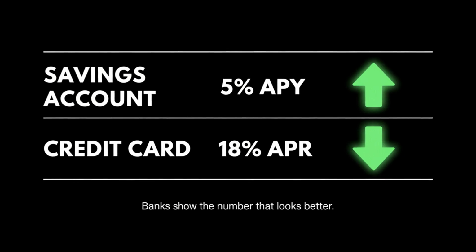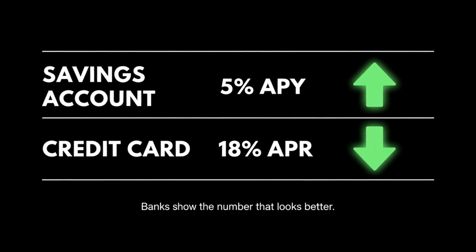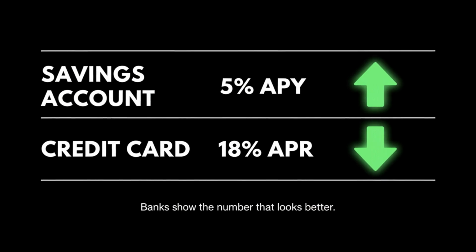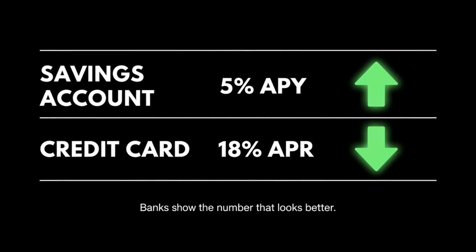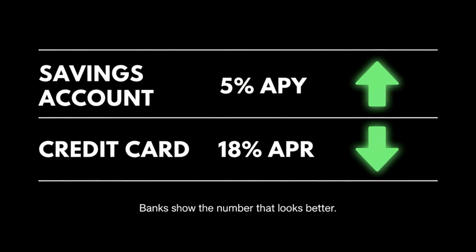That makes the effective APY even higher than the stated APR because interest starts accruing immediately and feeding on itself faster. Balance transfer offers might show 0% APR, but if there's a 3% transfer fee, your true cost isn't 0. It's a one-time 3% hit that doesn't show up in the APR math because APR only measures ongoing interest, not upfront fees.